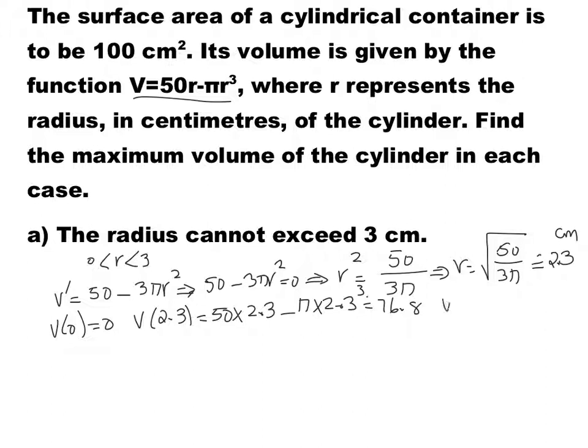And the volume at the other endpoint, which is 3, becomes 65.18. So you can see that the maximum when r is less than 3 is going to be 76.8 cubic centimeters.